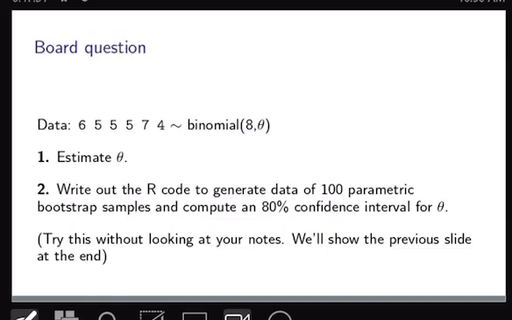Binomial distribution in statistics: if X follows a binomial with parameters n and theta, this is P. In statistics literature, you're going to see n combination S, P raised to the power S, 1 minus P raised to the power n minus S, for S from 0, 1, 2 to n.